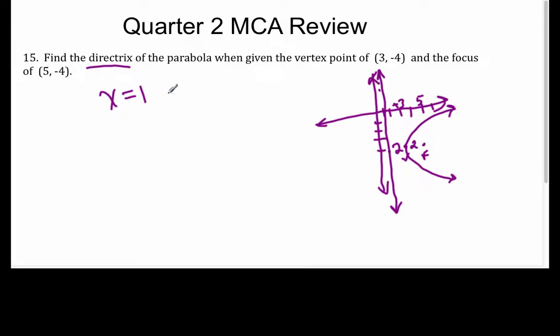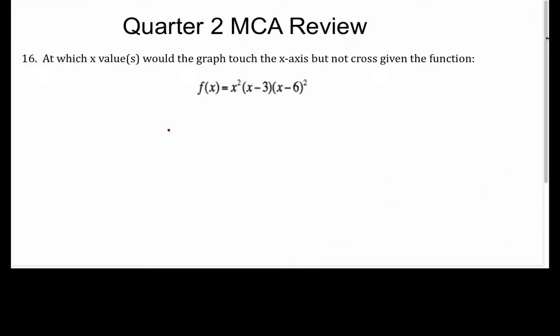All right, so like I said, I'm going to try to use the same video to do the next 3. So now I'm going to pull up question 16. Here it says, at which x values would the graph touch the x-axis but not cross, given this particular function?